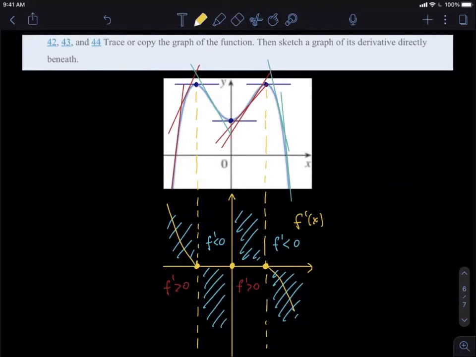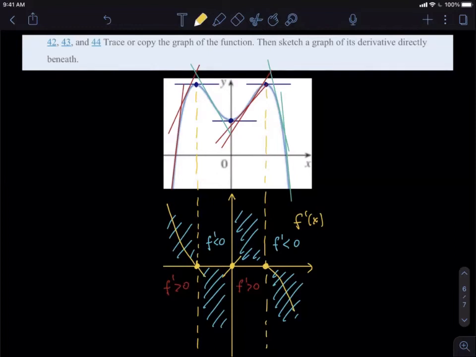So you see it cannot cross from top left to bottom right because we know that the function needs to come from the bottom left and up to the top right. But then somehow when we enter this region, we are going down, we need to leave going back up.